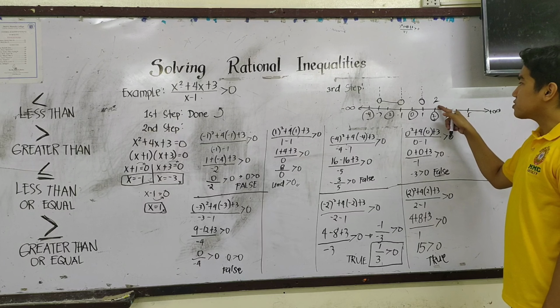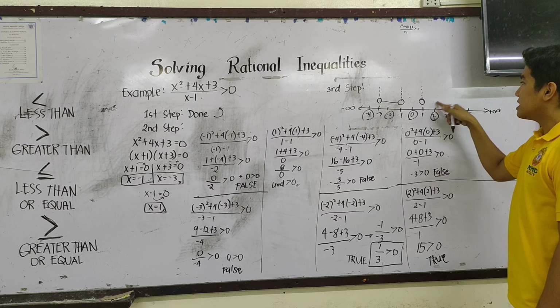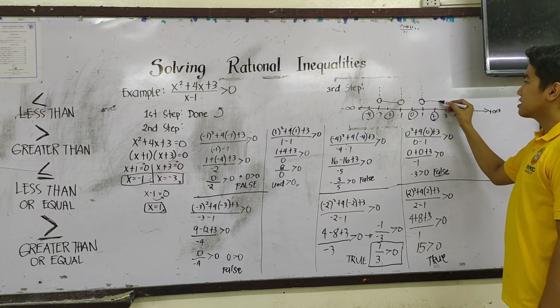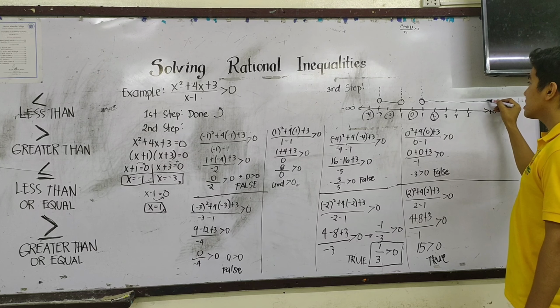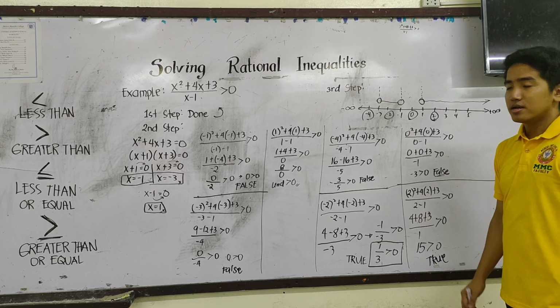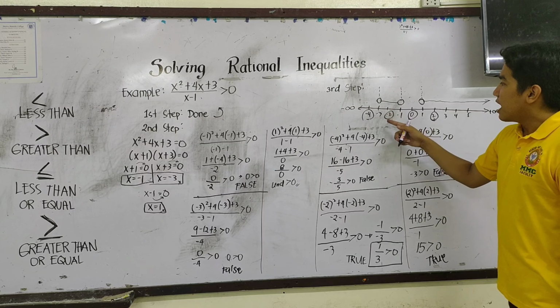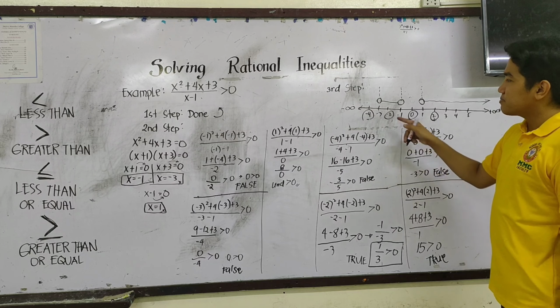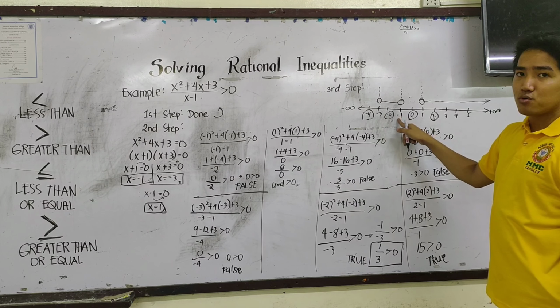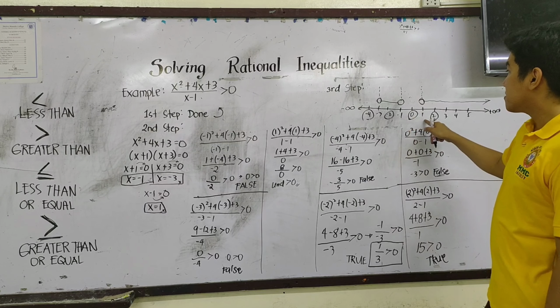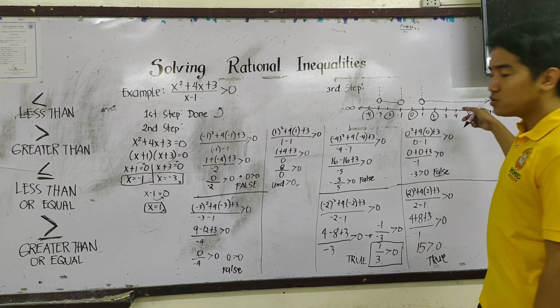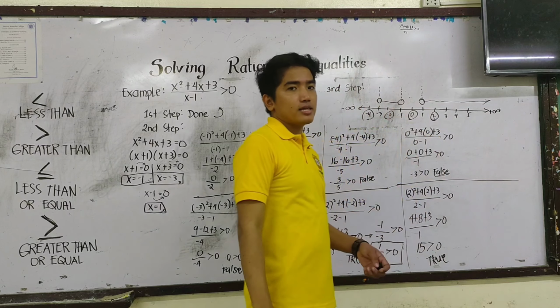So, kung nag-true si 2, ganun din si 3, si 4, si 5, si 6, si 7, 8, 9, 10, and so on. So, ang ating value ng x is between negative 3 and negative 1 and from 2 to the right side.